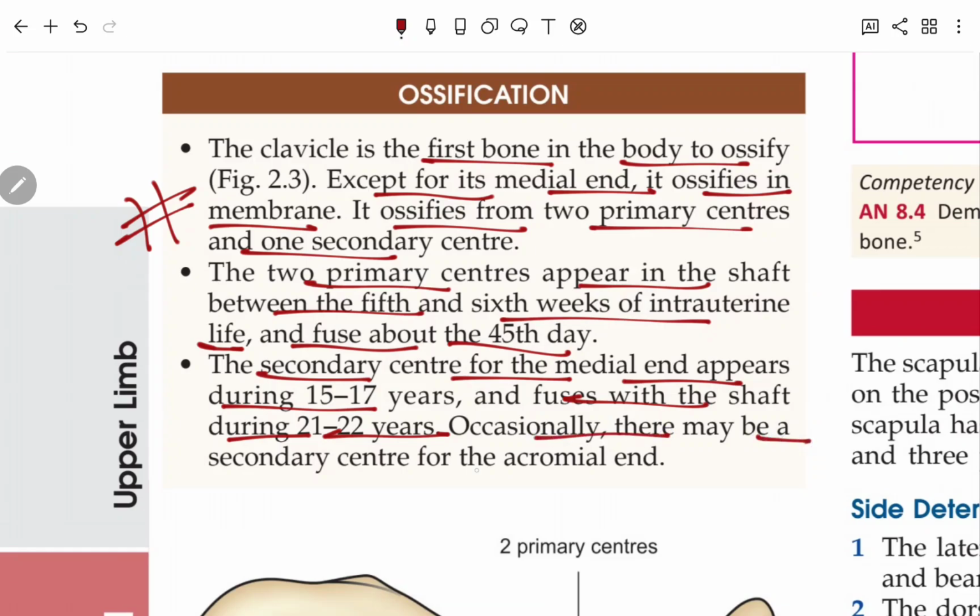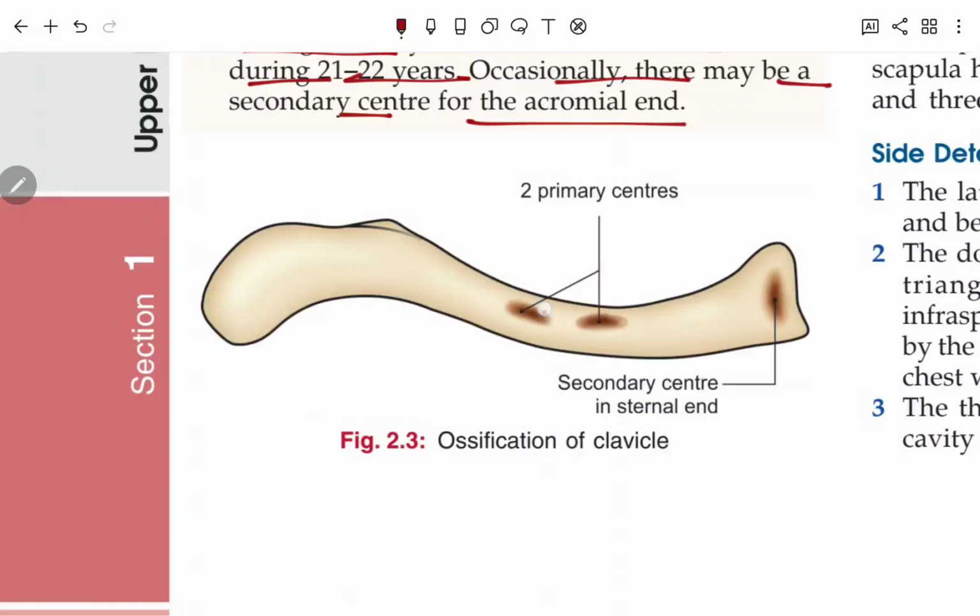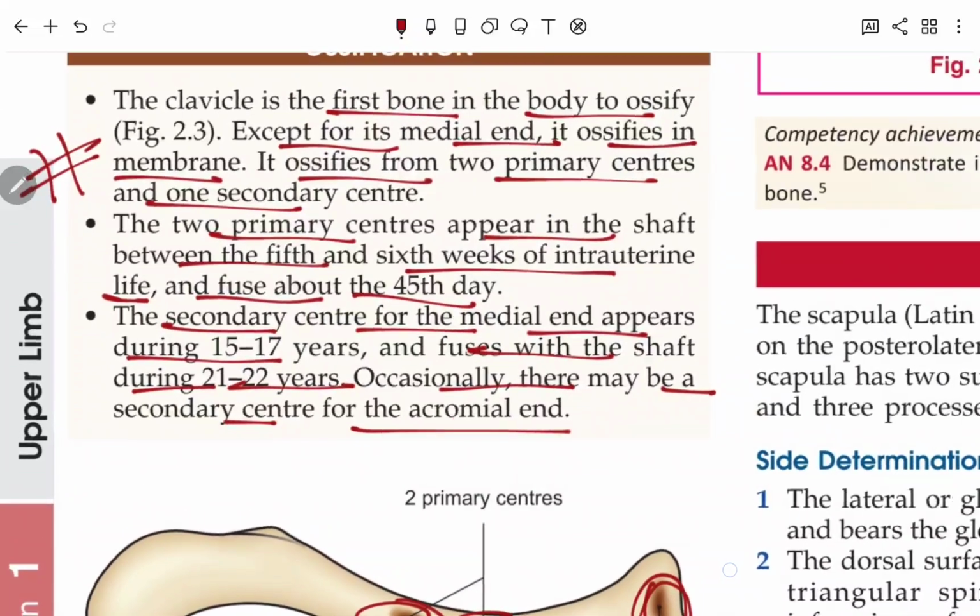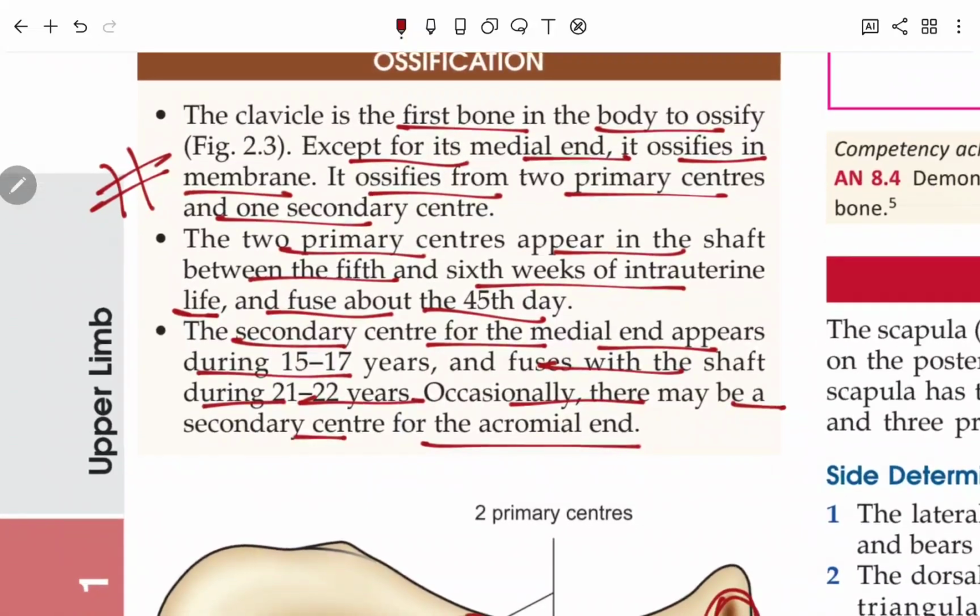Occasionally there may be a secondary center for the acromion end. Two primary centers, one secondary center. Just remember all this. The characteristics or peculiarities of the clavicle can be asked during your Viva or 5 marks question.